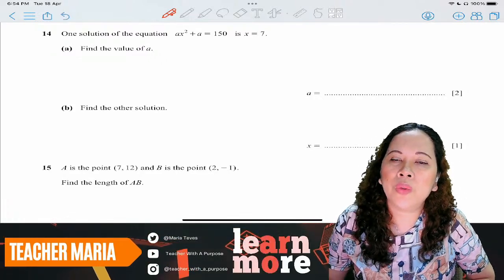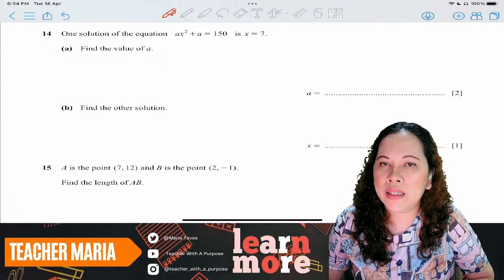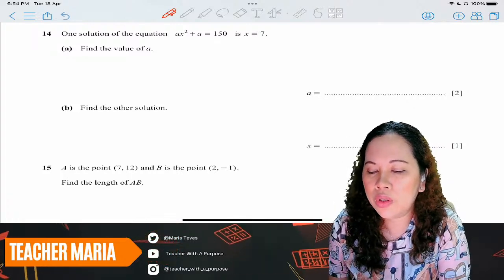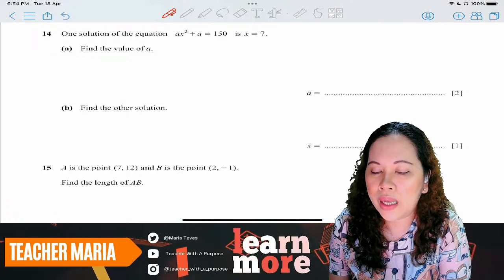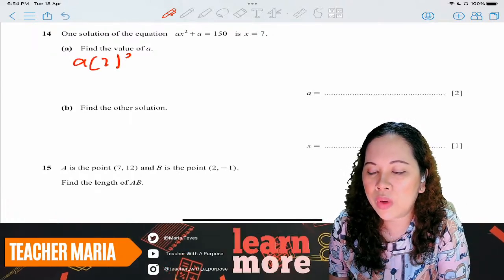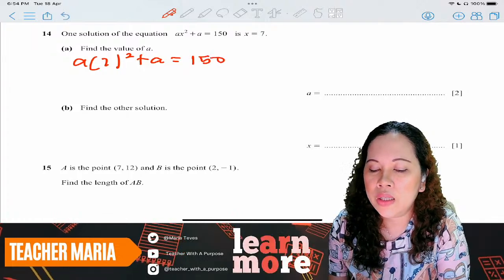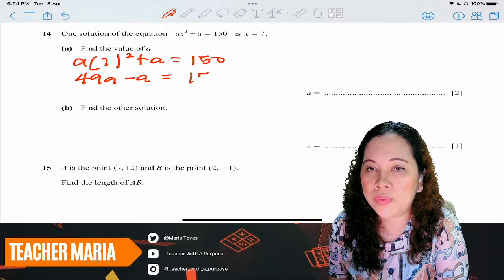Since you are only asked for the value of a when x is 7, you're asked to just substitute x with 7. So you will have a times 7 squared plus a equals 150. So this will be 49a minus a equals 150.